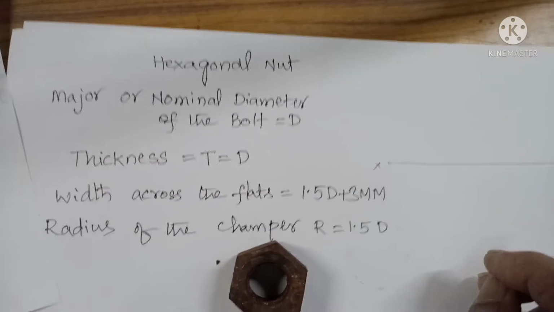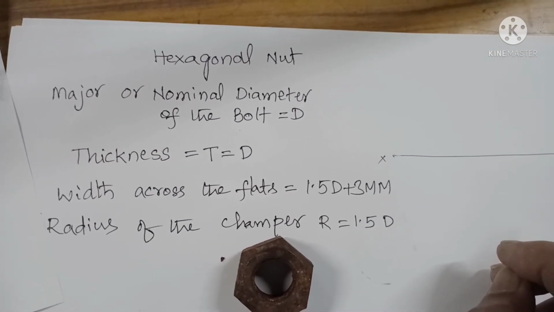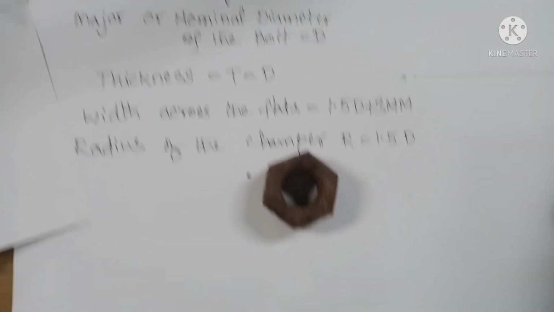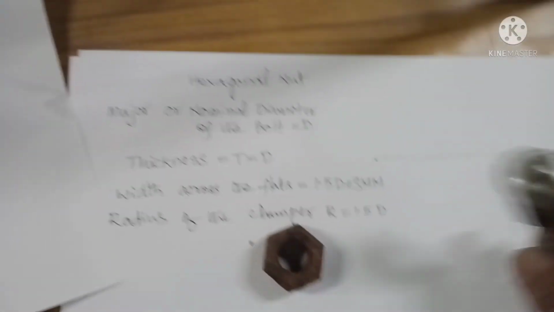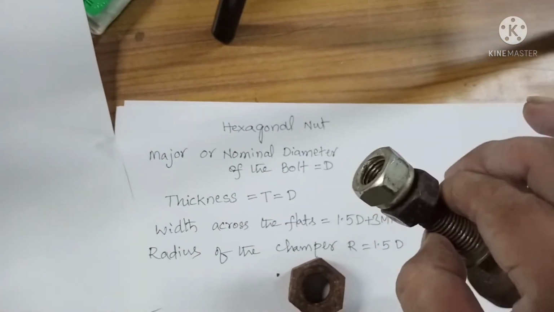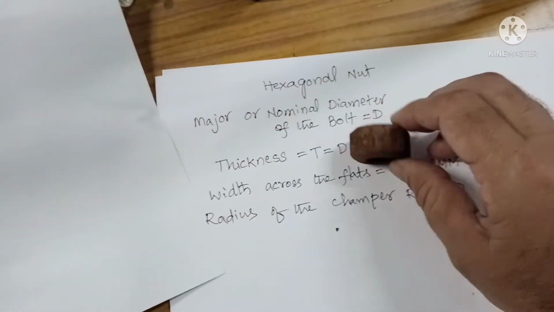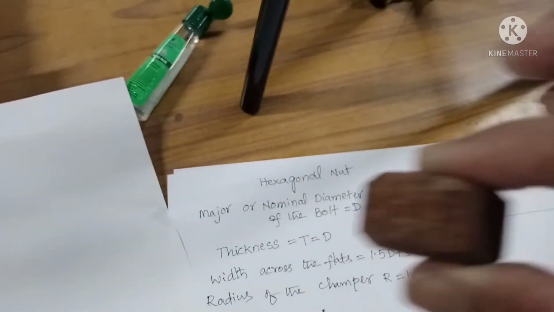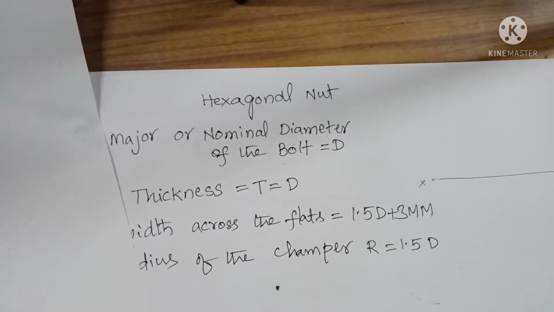Just see the proportions related to the hexagonal nut. The major or nominal diameter of the bolt is, let us say, capital D. This is the inside part, or otherwise the bolt dia. Thickness in the sense this will be the thickness of the nut, that is T, which is equivalent to the dia of the bolt.